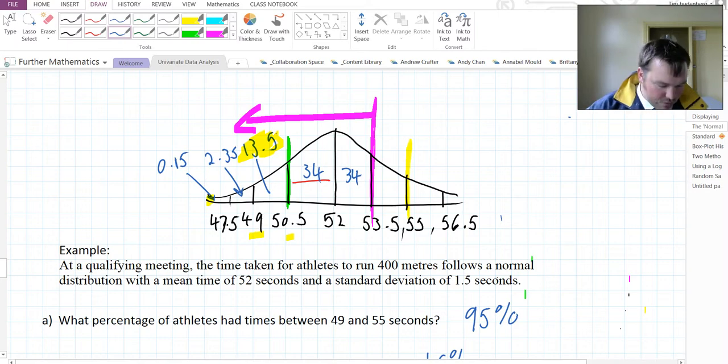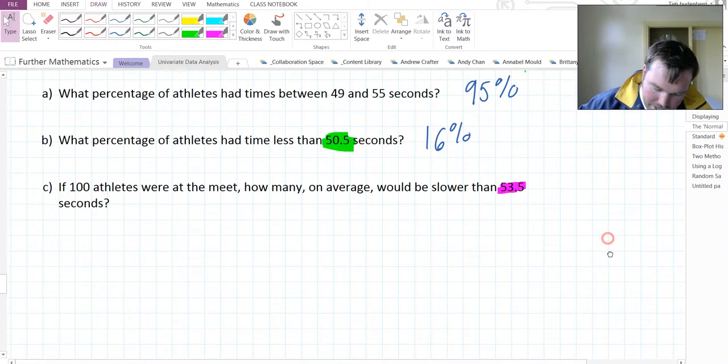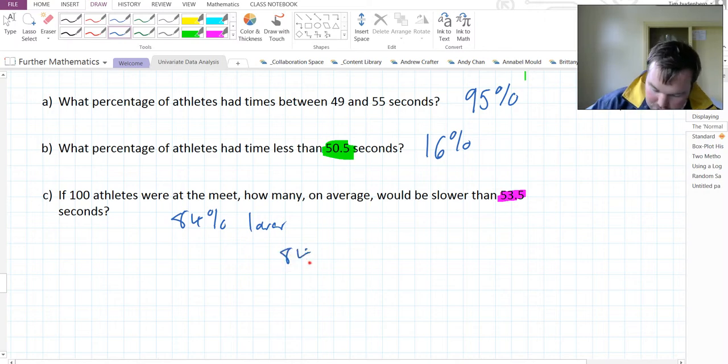So 34 and 34 is 68, 16 and 68 is, I'm quite lazy, 84. So we would say that 84% lower, and because it's 100 athletes, which is nice for us, 84 athletes.